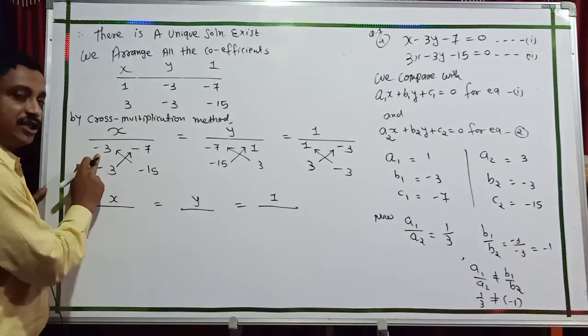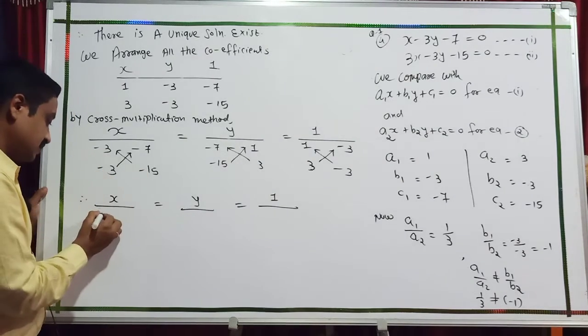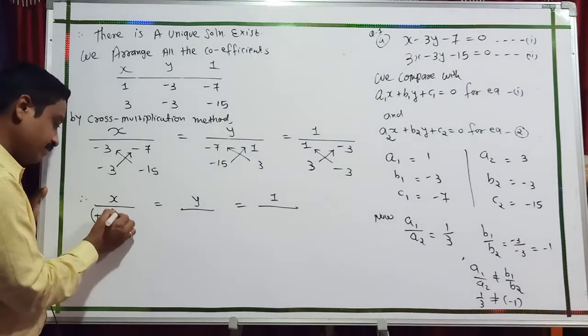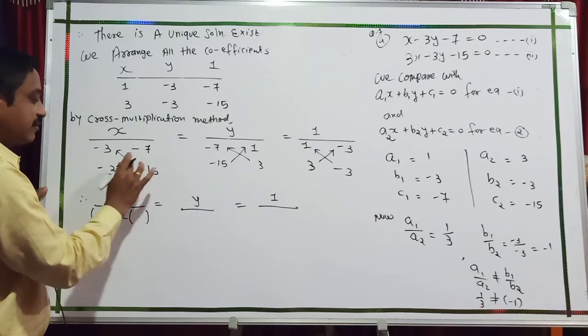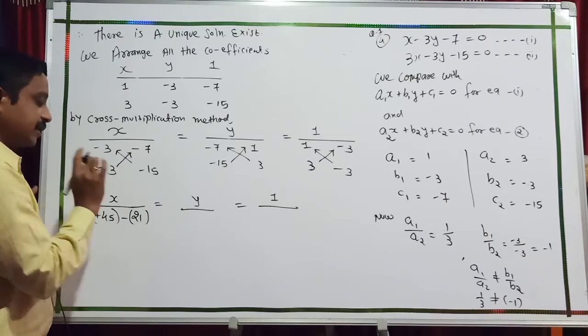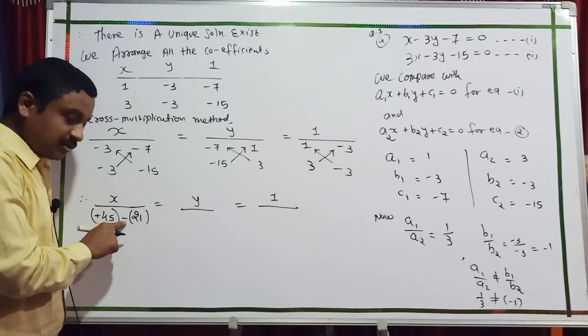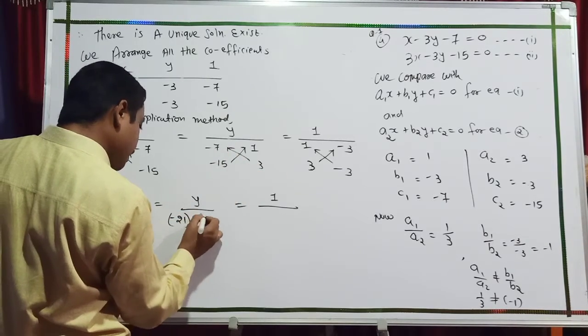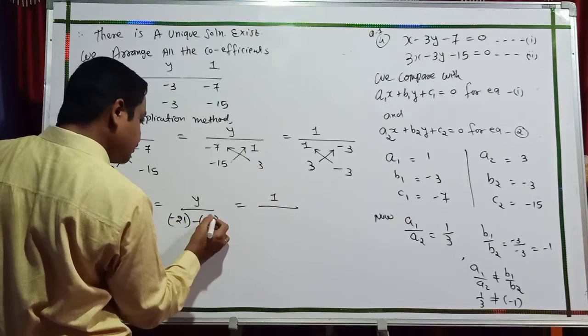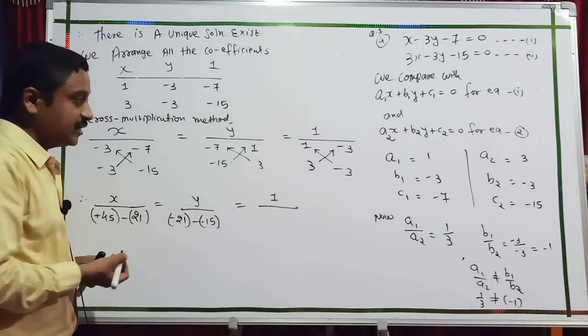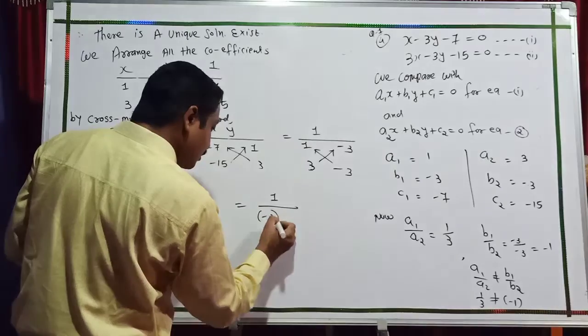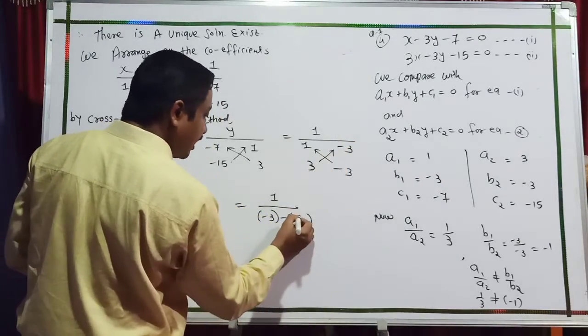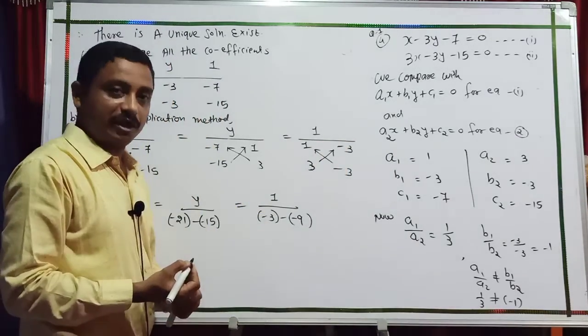Here 15 3s are 45, minus minus plus, so it is plus 45. Minus, compulsory: 7 3s are 21, minus minus plus. This minus is compulsory, students. Same here, 7 3s are 21, minus compulsory. 15 1s are 15, it is minus 15. And last, 3 1s are 3, minus compulsory. 3 3s are 9, minus plus minus.